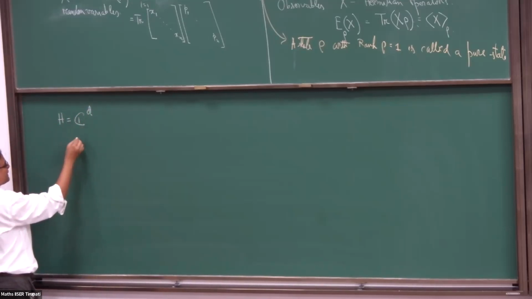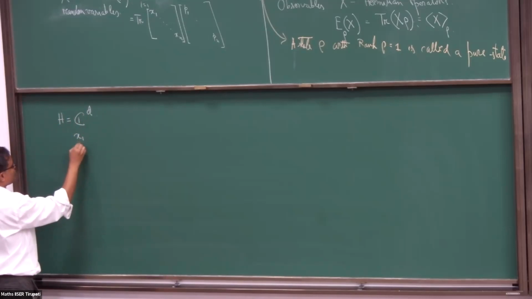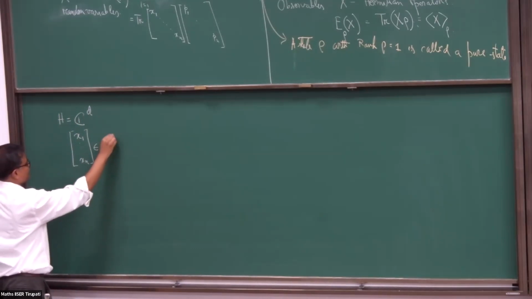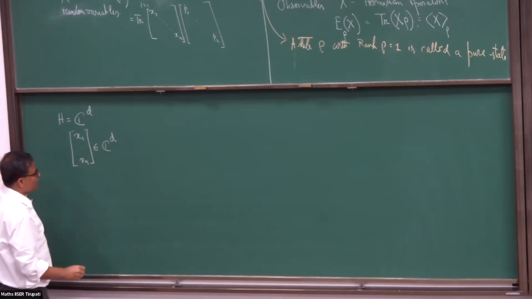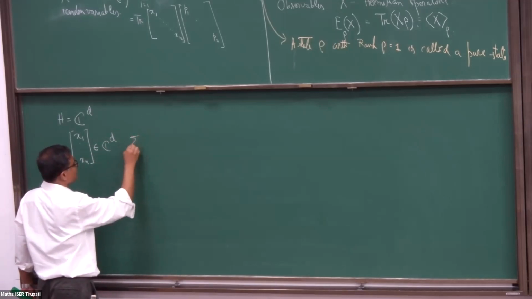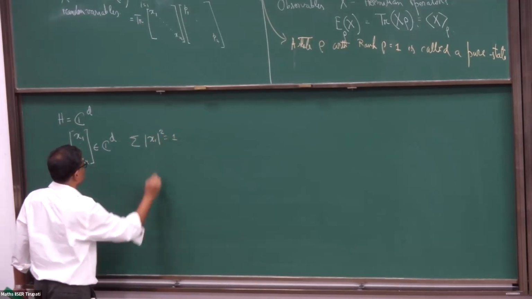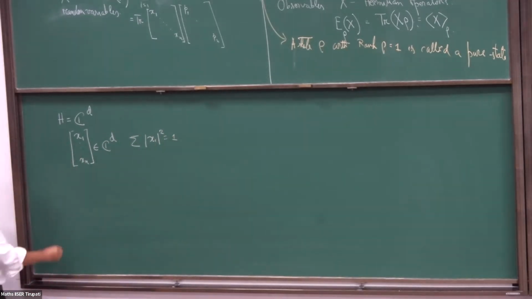I take a vector, let us say x1, x2, etc., xn in C^d, with the extra property that the summation of |xi| squared is equal to 1. I denote this thing as ket psi. This is called the ket notation.